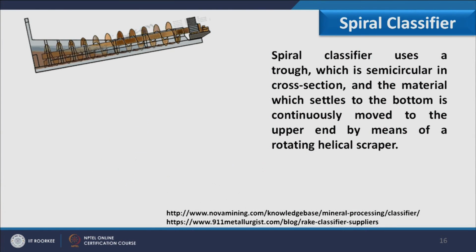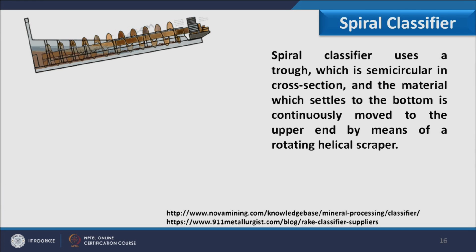Now, here we have the spiral classifier. Here a screw type of structure is there and slurry is available in this. The slurry is basically a suspension, and the coarser particles will settle near this and finer particles will settle over here. As its movement is like a screw, whatever material accumulates at the bottom keeps moving upward, and then we can collect it.